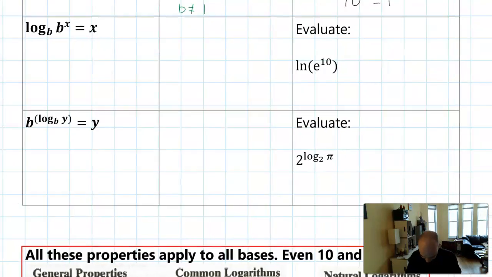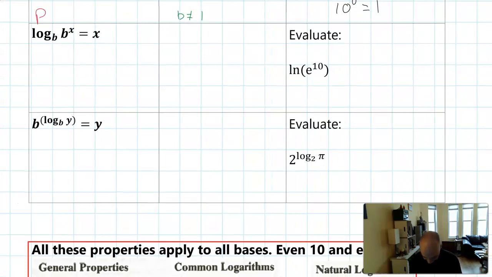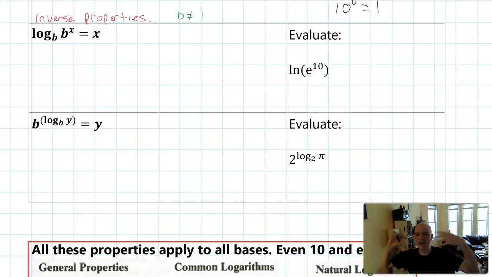I'm going to zoom in on those a little bit. These are paired, and they're called the inverse properties. We have this idea that logarithm functions and exponential functions are inverse relationships of each other. We'll talk more about that when we talk about the logarithm graph.